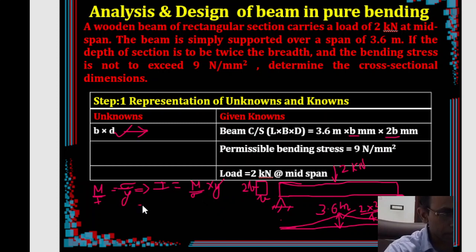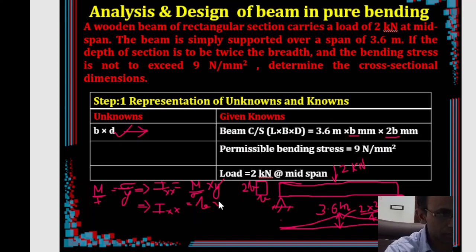Here, moment of inertia, because the loading is in the y direction, I becomes your Ixx. As I already told, moment of inertia should be calculated about the axis perpendicular to the direction of the load. Loading is in the y direction, therefore I am taking Ixx, and the Ixx formulation is b d cubed by 12, where b is the width. That is not known to us.